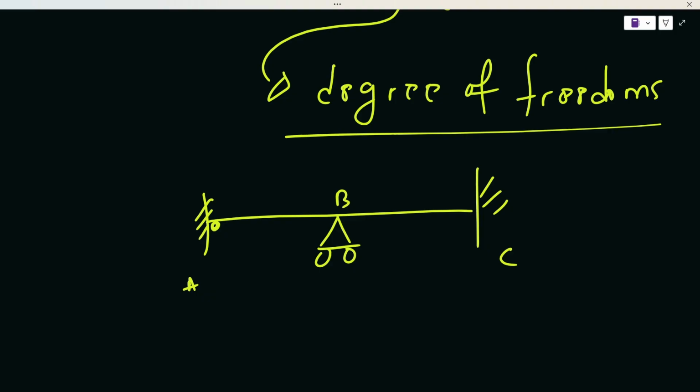It's just moments we're having at A, and also moments at C. Of course, we assume a direction. Now, for B, translation is 0, but slope will occur here. There will be a rotation here at B.